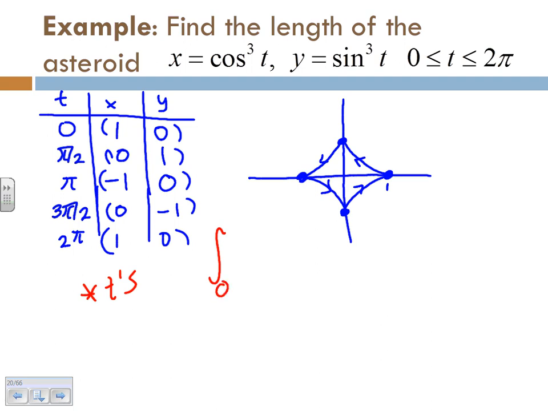We could go all the way around, or what else could we do? We could go 0 to pi, or we could even go 0 to pi over 2 and multiply it by 4. Alright. I like symmetries. Let's do that. You can pick. I always like to do the most symmetries I can.